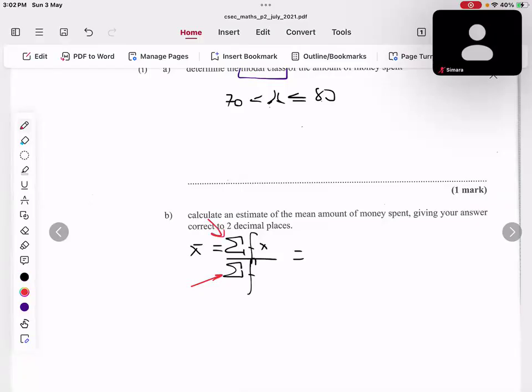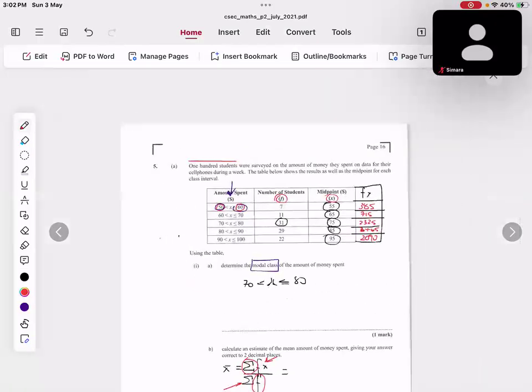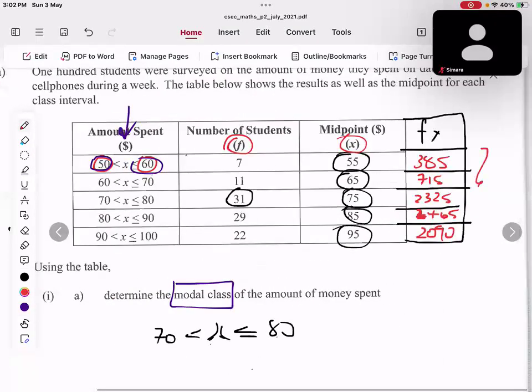That is what we call the summation symbol in statistics. Just like you have a symbol that means addition in arithmetic, we have a symbol that means addition in statistics as well. So this means add up the FX column, and this means add up the F column. So go ahead and add up the numbers over here, please.